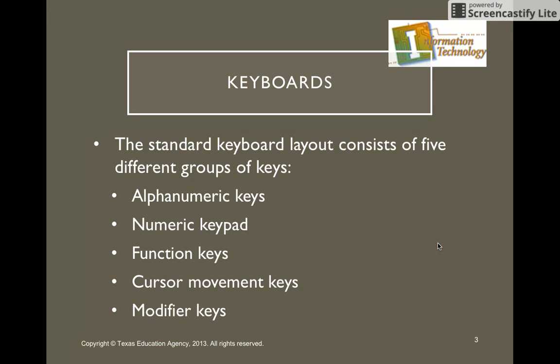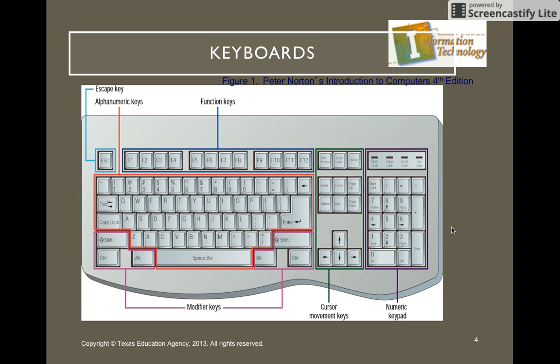There are also the cursor movement keys, those little arrows that you can move up, down, left or right. And then the last main group of keys is the modifier keys, like your shift or alt. I have a diagram on the next slide that will go into more detail with that, so that'll help you out a little bit.